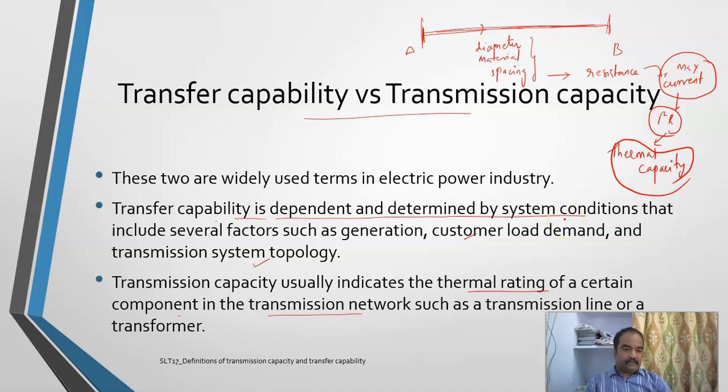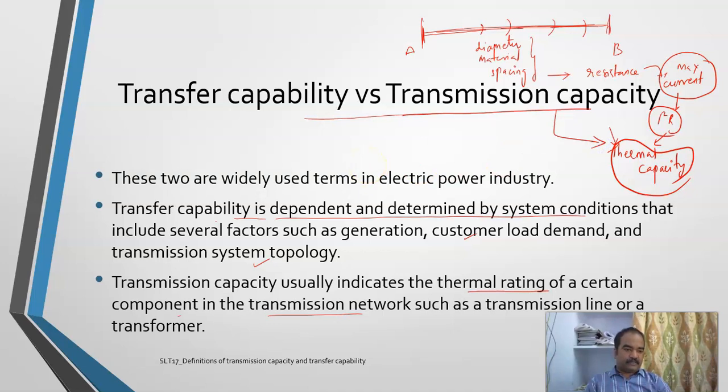Anything beyond this thermal capacity can't be injected into the system, because the conductors may get damaged if power is injected beyond the thermal capacity. So thermal capacity is one of the important terms in power systems, and your transmission capacity is dependent on the thermal capacity.